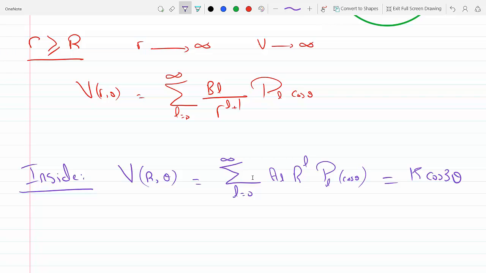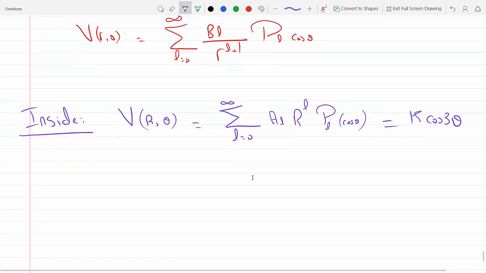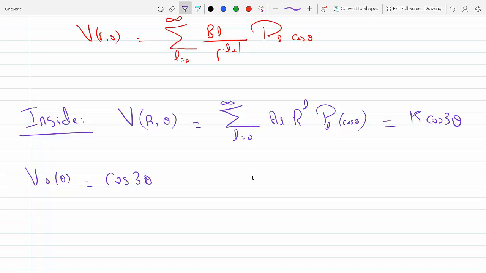Now, using trig identities, let's play with this cosine 3 theta a little bit. V0 theta equals cosine 3 theta.